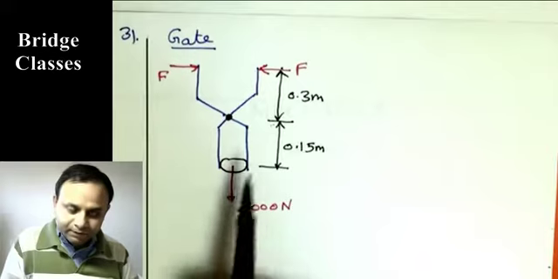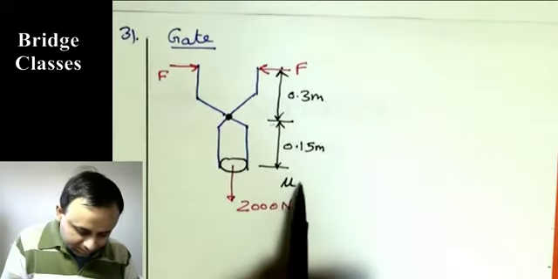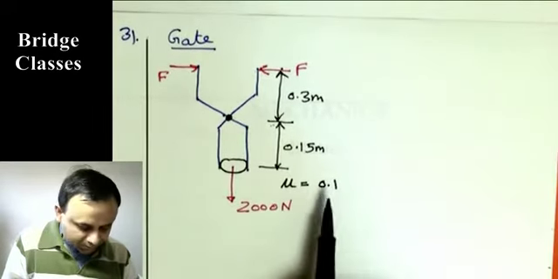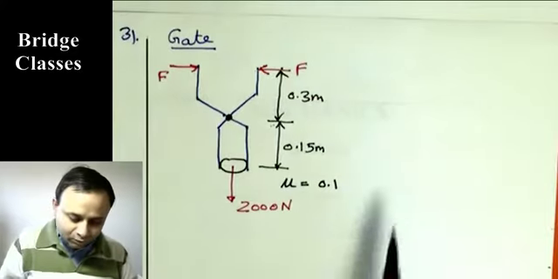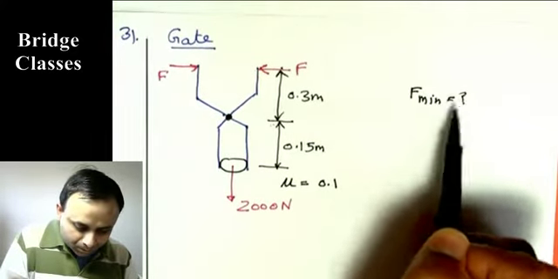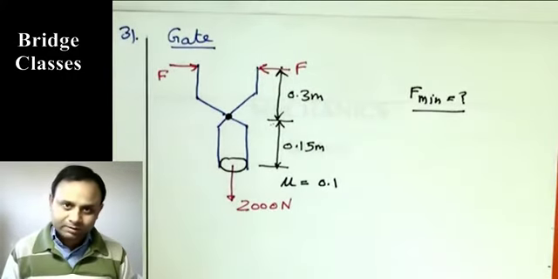And the coefficient of friction between this body and the tongue, that is the coefficient of static friction, is given as 0.1. Okay, we have to determine the minimum force so that we are able to hold this body, it is not going to just slip.